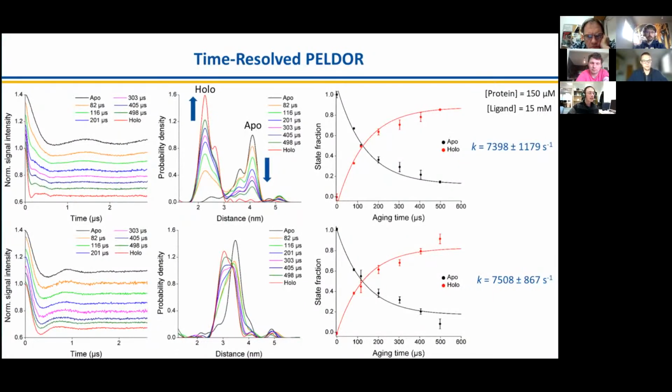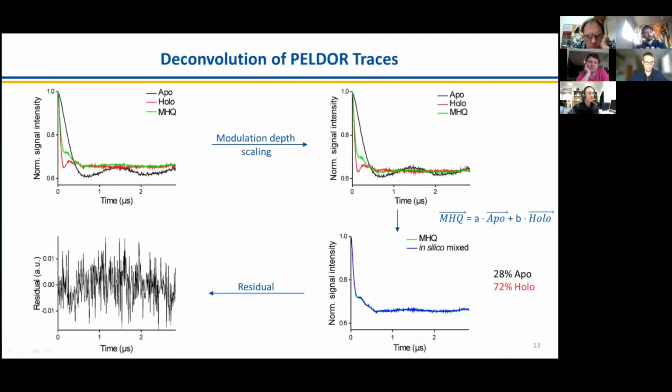Yeah, thank you for the question. What we did was to do background correction with the analysis. And then, as I showed, we did this deconvolution. So we plugged the background corrected time traces into the MATLAB script that I created for doing the modulation depth scaling according to literature.